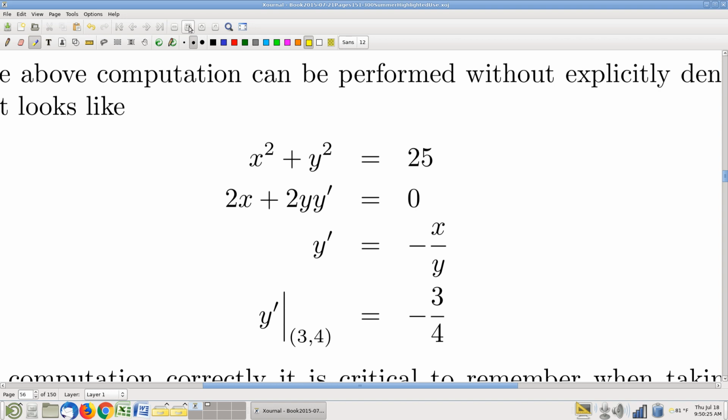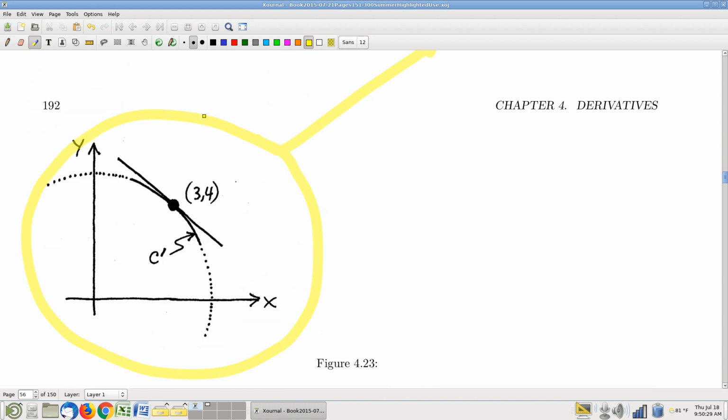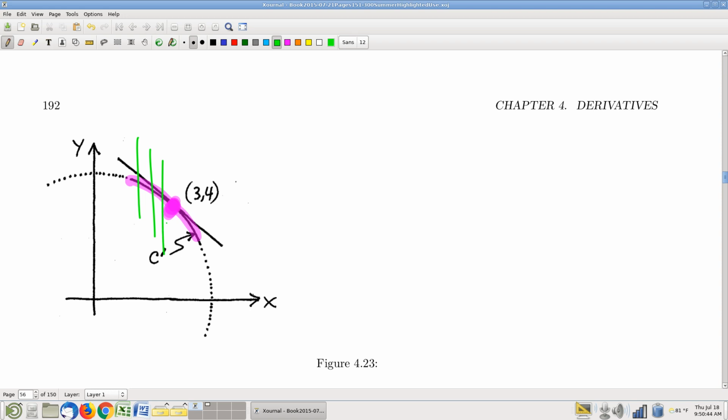This gets back to the asterisk that I asserted earlier. I just asserted at this point that if I restrict to that part of the curve near the point 3, 4, that passes the vertical line test. I mean, just erase enough of the curve.